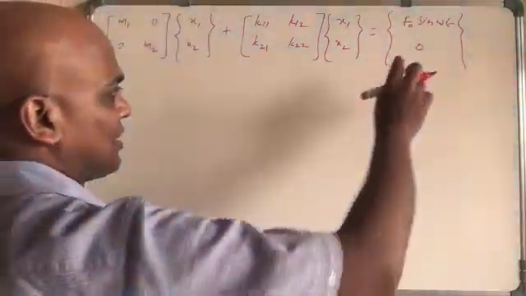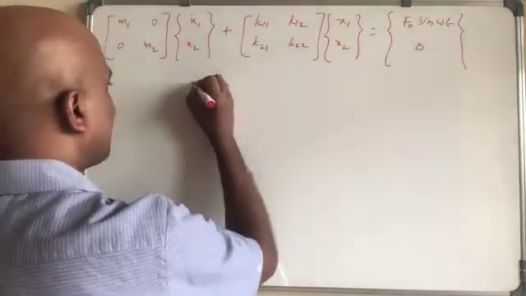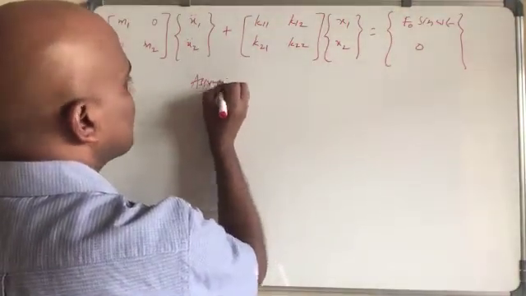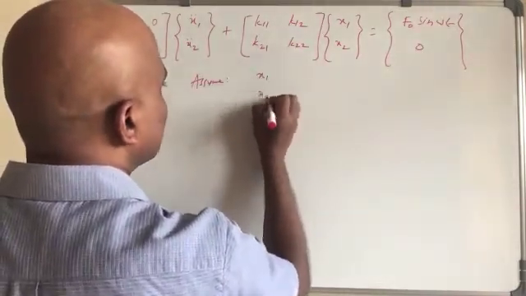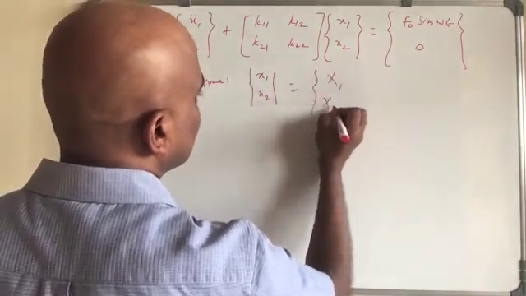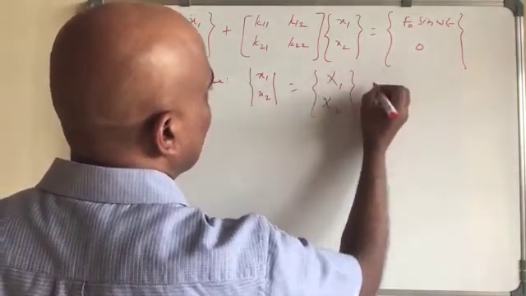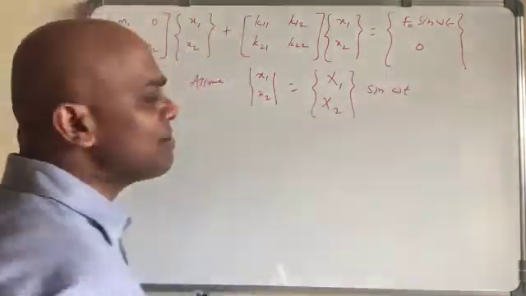So here we can assume that our solution, x1, x2, is equal to big X1, X2, and then we have sine omega t. So this will be the solution.